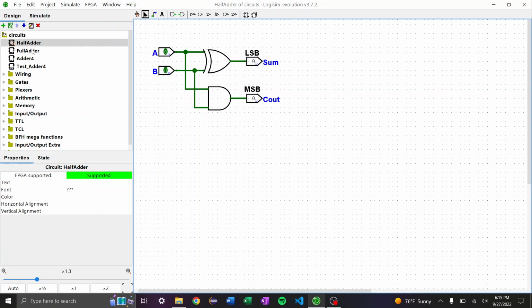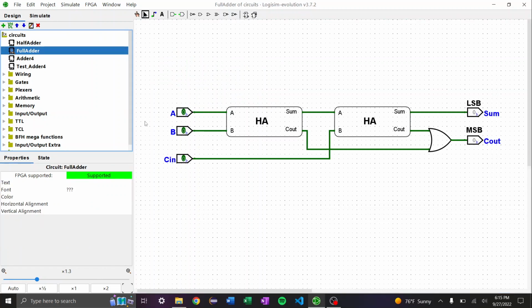Now let's check out the full adder. So here is the full adder, and what might a full adder be? Well, it allows the addition of 3 bits. And fortunately, longhand addition involves 3 bits in any column.